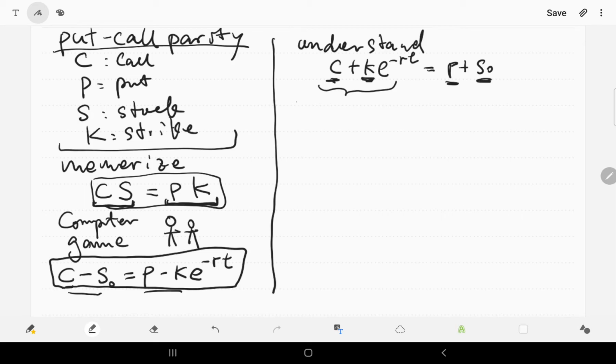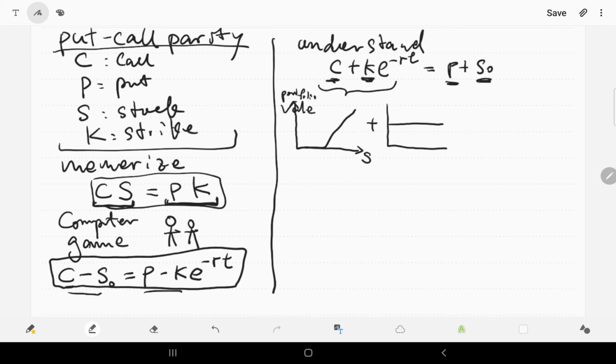So let's look at the left hand side. The call option's payoff is something like this. And what about a constant cash of K? It is a constant curve like this. By the way, what do the axes mean? The x-axis means the stock price S, and the y-axis equals the portfolio value or your asset value.